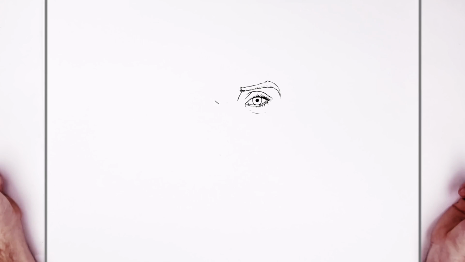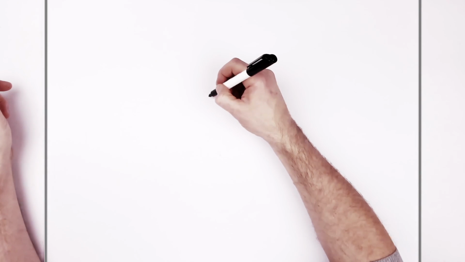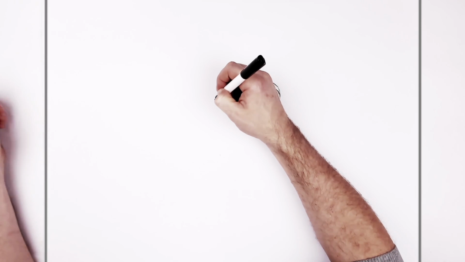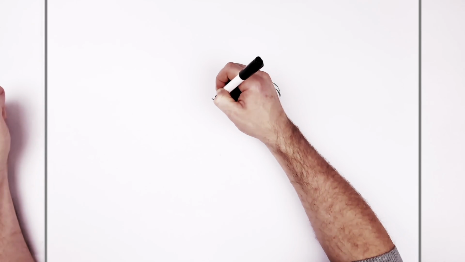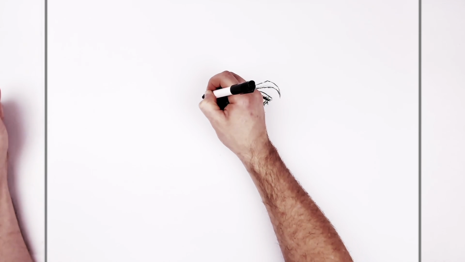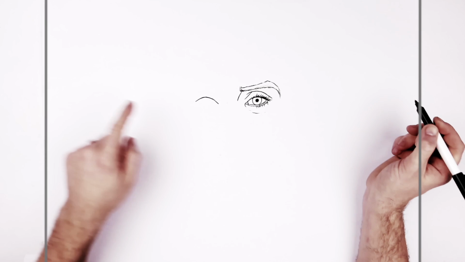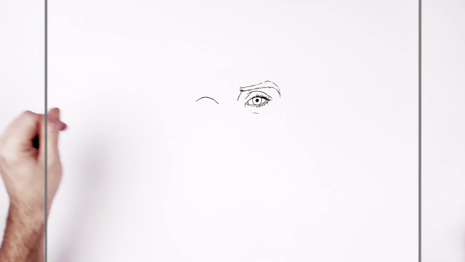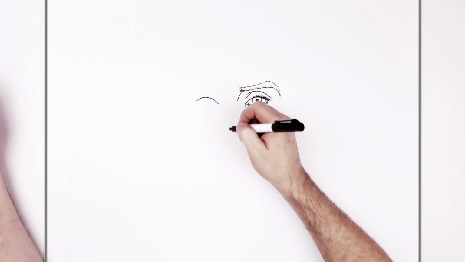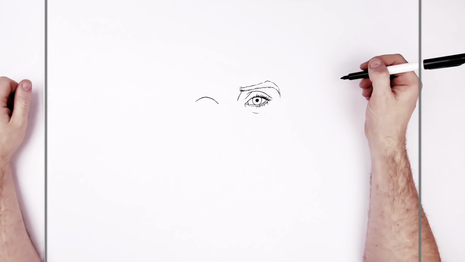And then we'll do this mirrored on the other side. Now it doesn't have to be exactly the same, humans have one eye that's bigger or smaller than the other anyway. But we're just generally trying to copy this side over here. And again, if you want to sketch lines down the middle to find your center, you can do that.